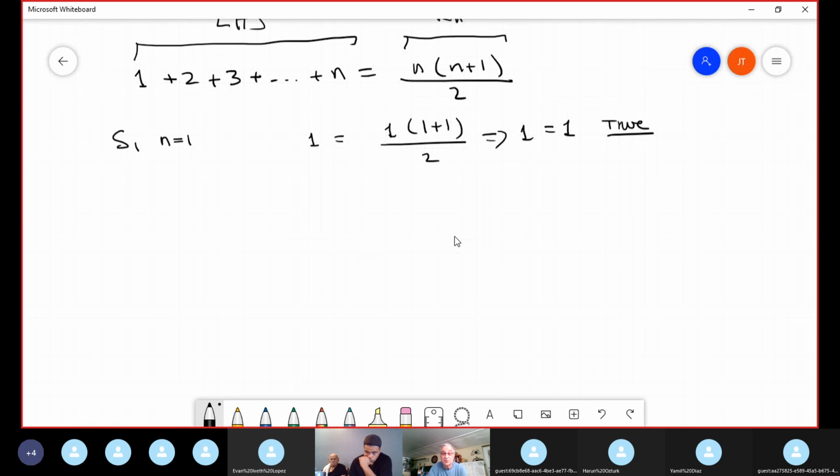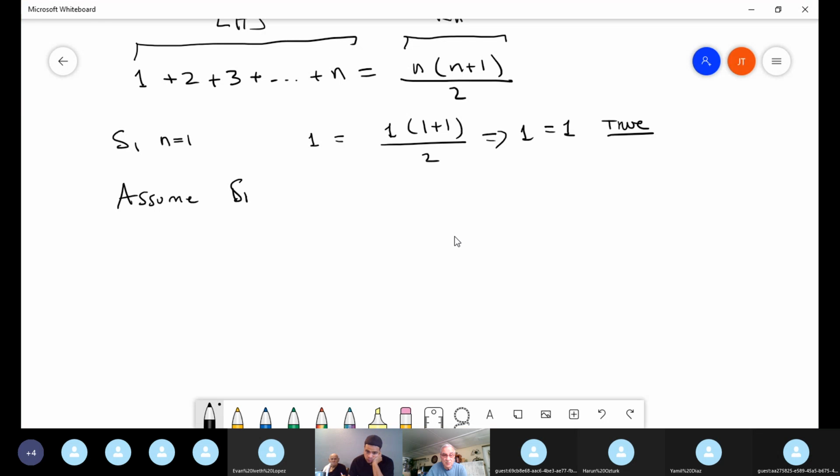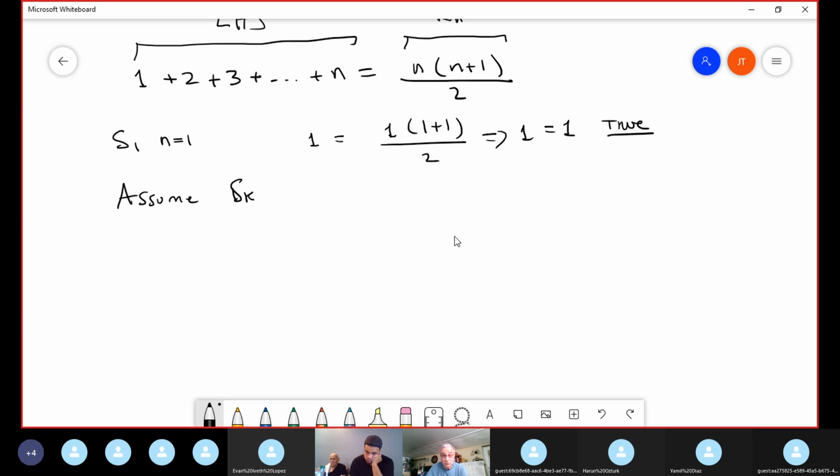Now the inductive step. Inductive is: assume that S sub k is true. S sub k is exactly the same, I copy the original problem, but I suppose not n, I suppose k.